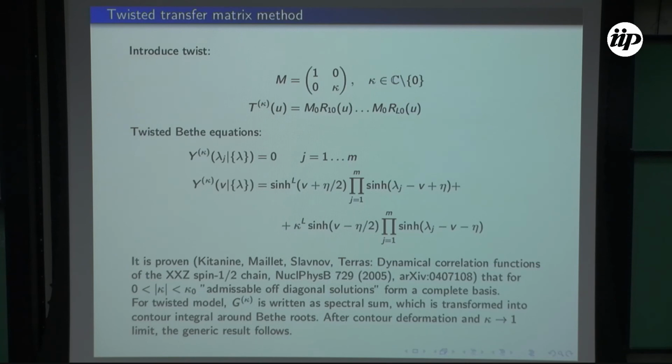And after that, if you take the kappa goes to one limit, then you can right away derive the generic result. I won't talk about this anymore because probably it's already too much detail. But if somebody is interested in more details, I'm happy to discuss. So this is basically what I wanted to tell you.